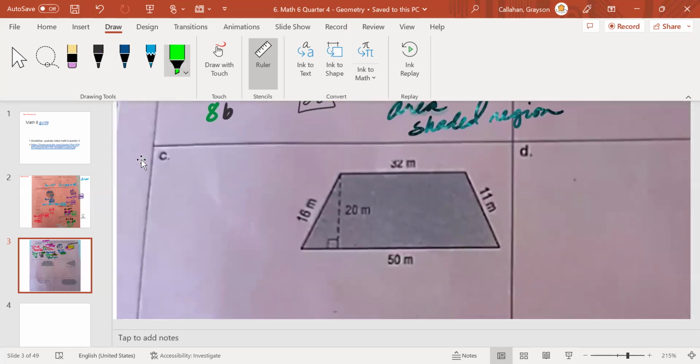Here we go. C. What shape is that? It is a trapezoid. What's the area of a trapezoid?